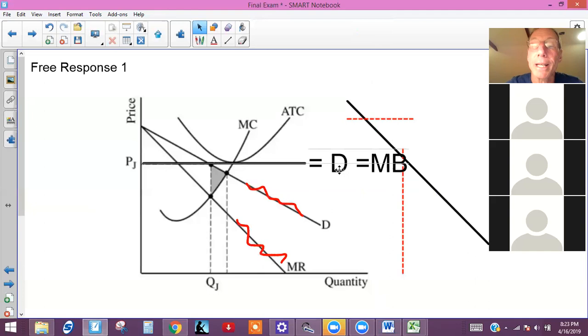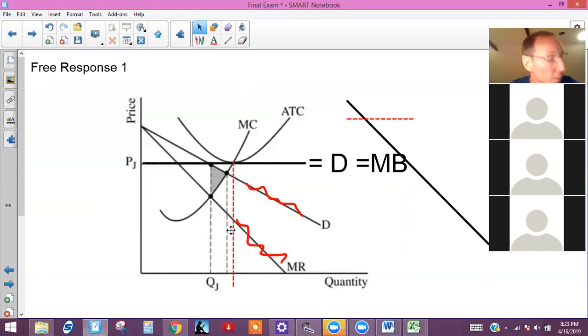So if marginal benefit equals marginal cost, then we can say that's the socially optimum or the allocatively efficient place. If price also equals average total cost, we could say that is the productively efficient output, which would be right there.